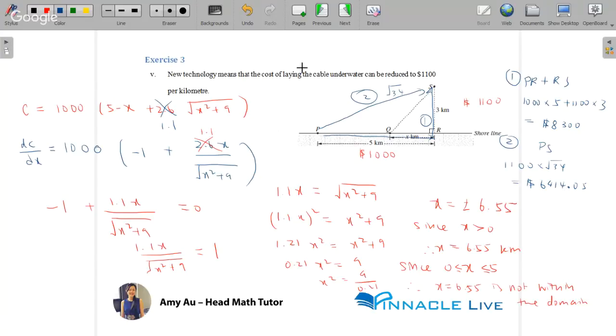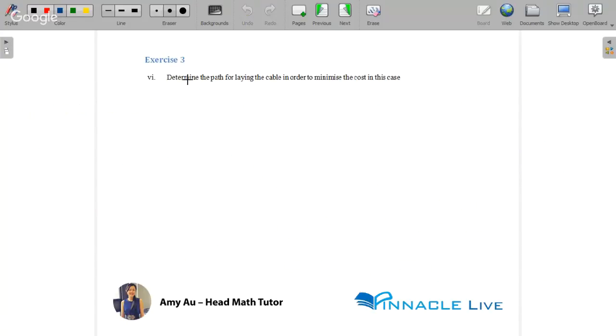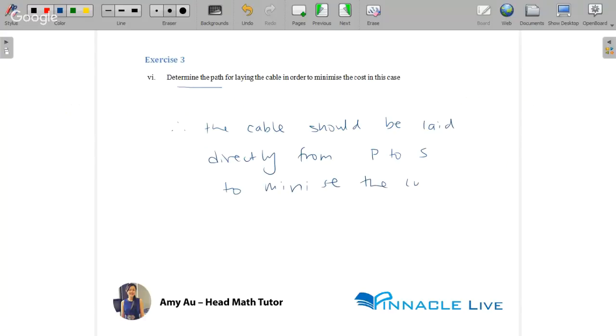Just going back to answer the questions on the next slide. The question is, what is the path for laying the cable in order to minimize the cost? Therefore, the cable should be laid directly from P to S to minimize the cost.